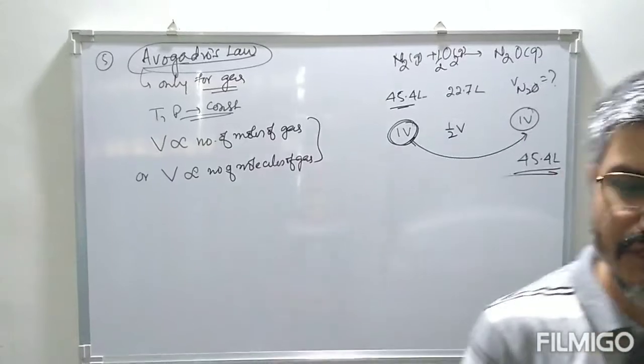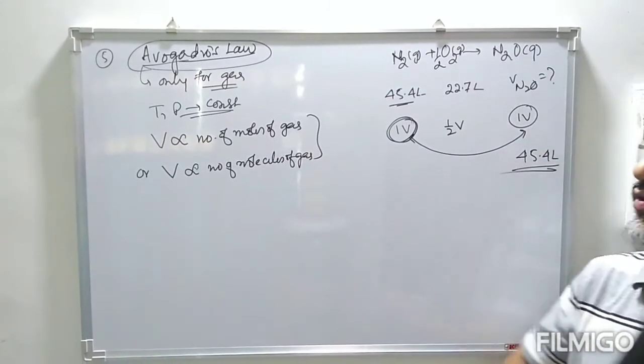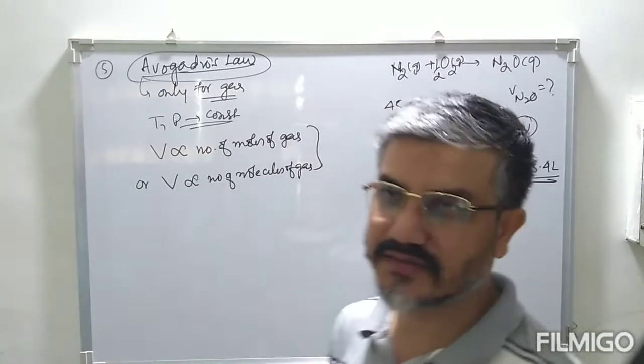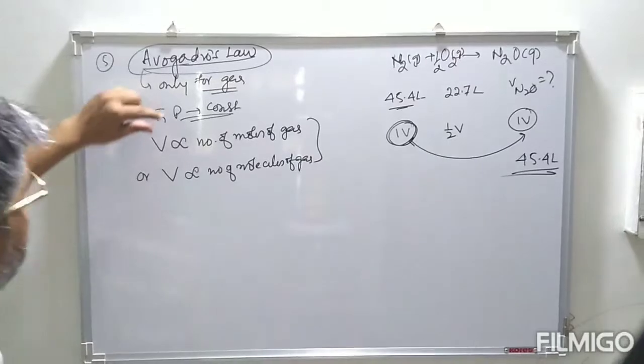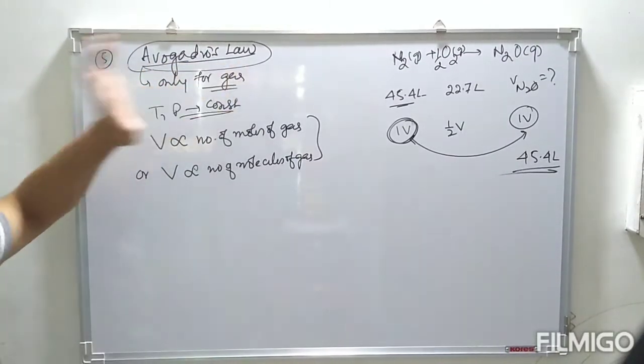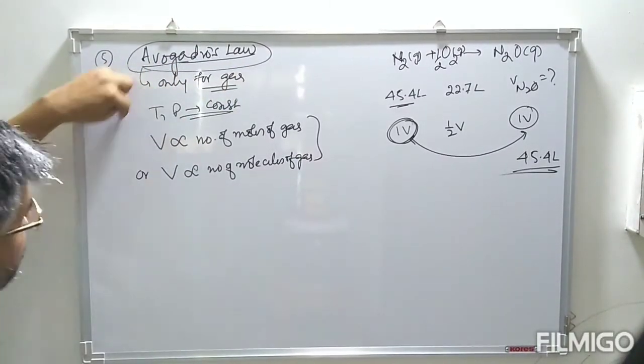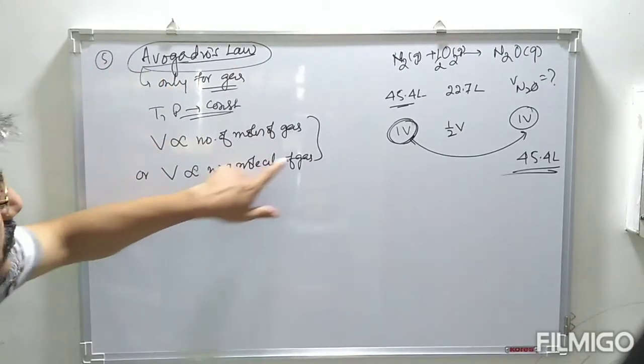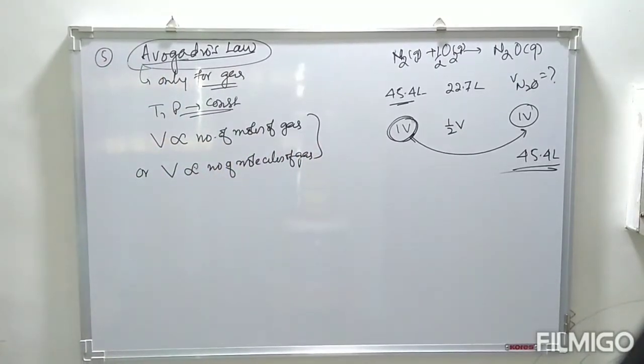But suppose volume is also constant. If pressure and temperature are constant, volume is proportional to the number of moles. But if volume is also constant, then the number of moles or number of molecules is also constant.